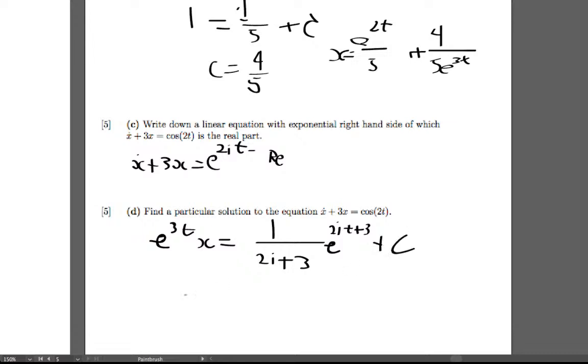There. x would equal e to the power of 2it, and then this guy I want to convert into i's as well. Square root 13, e to the power of i times the angle. Wait, what's the angle? That will be the tangent of 3 over 2, which is something that you don't know.